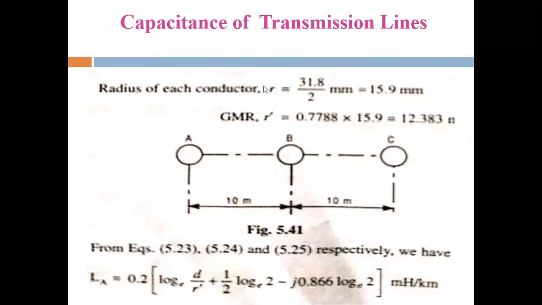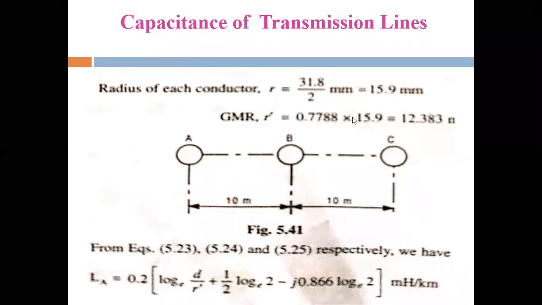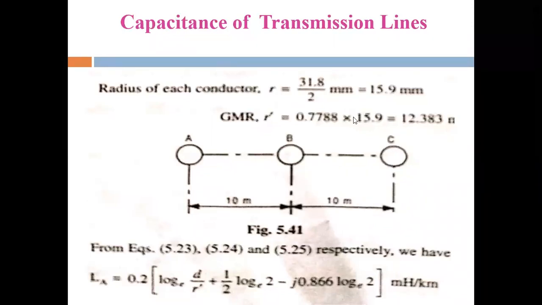After calculating the radius, we calculate the GMR, the self GMR. The geometrical mean radius R dash is equal to 0.7788 into R, where R is the radius of the conductor, 15.9 mm.